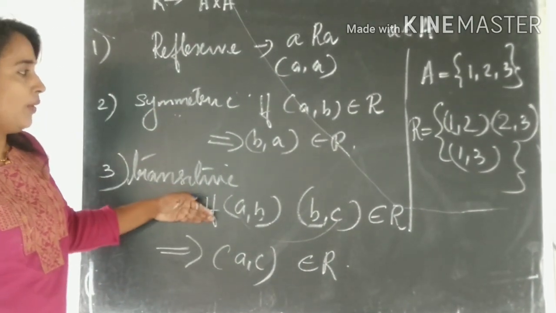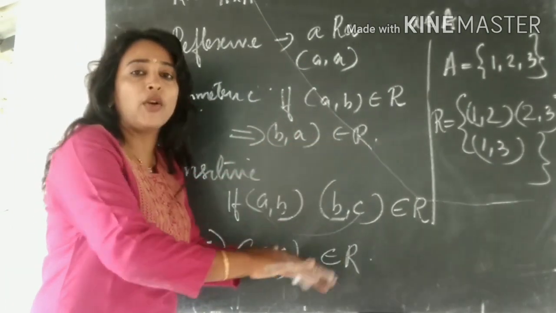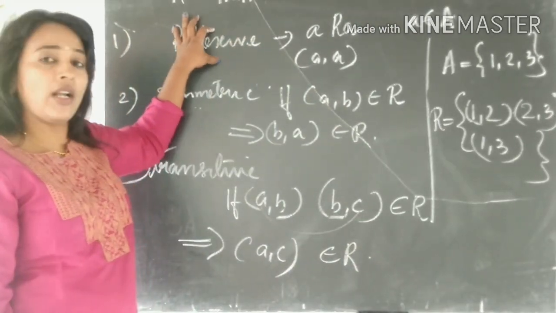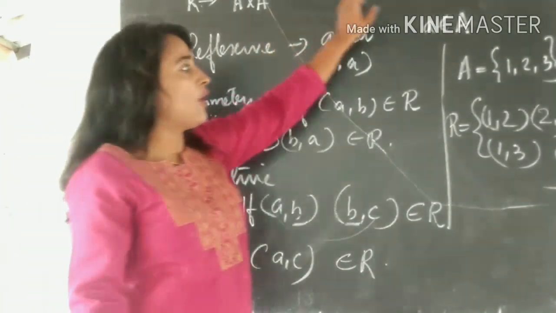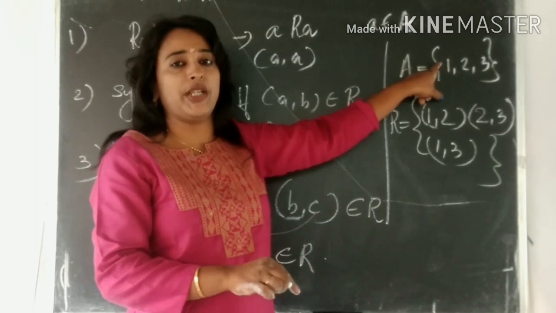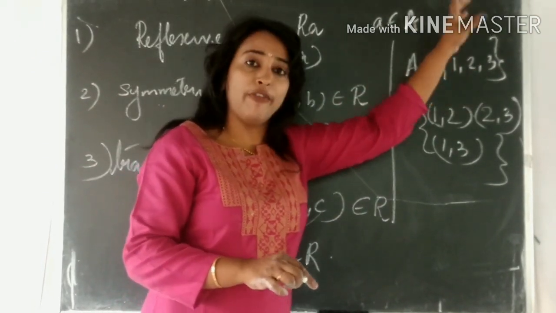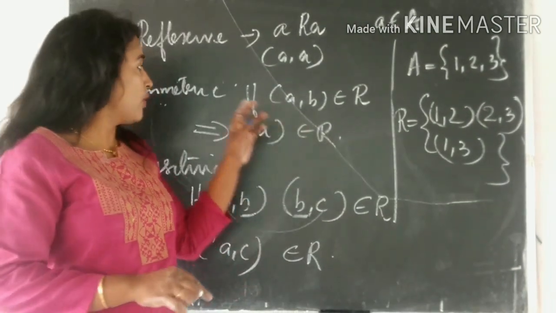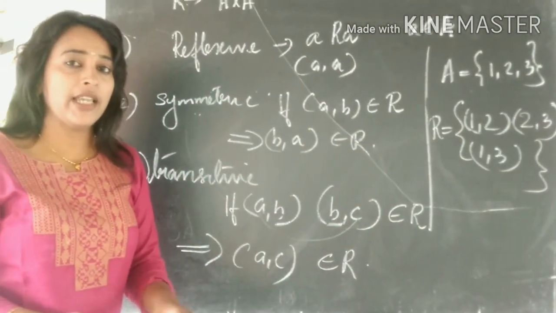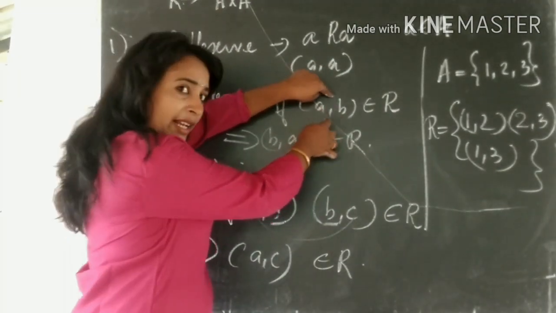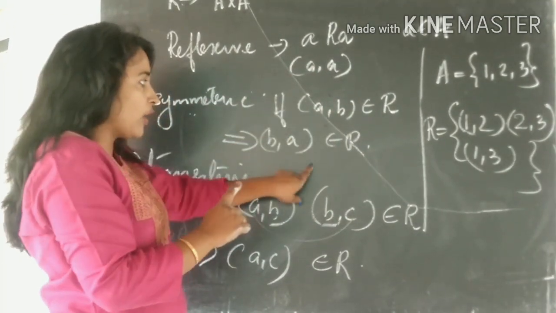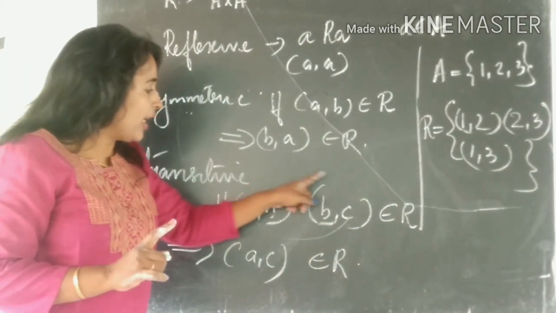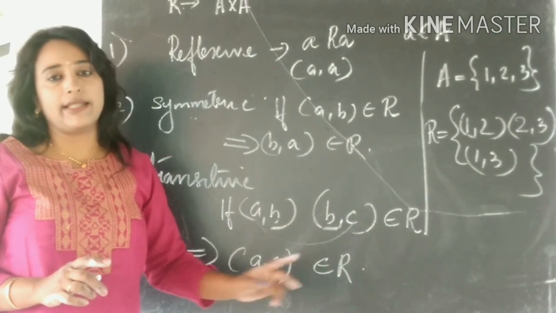So for the last two, if the pairs are present, then only you have to move to the next check. But for reflexive it is not like that. For each and every element of A, there should be a relation. Okay, if 1, 2, 3, 4, then 1, 1, 2, 2, 3, 3, 4, 4 must be there. But for symmetric and transitive, it's not like that. If the ordered pairs are there in the relation, then only you should check for BA. Here, if both of them are there in this relation, then only you can check for AC.